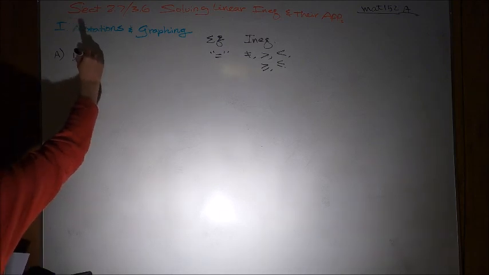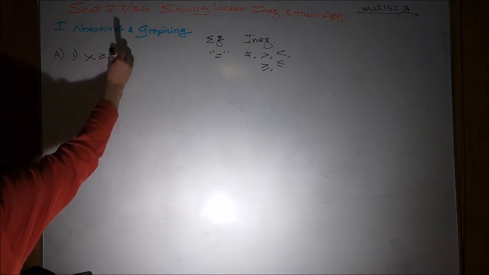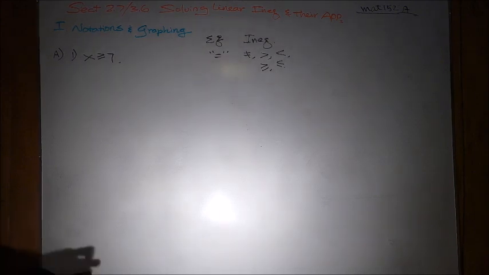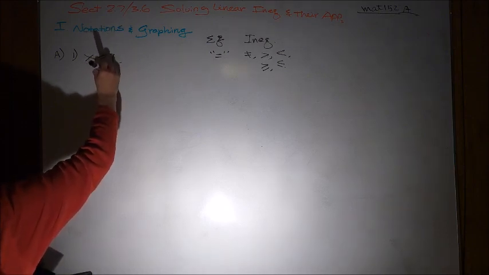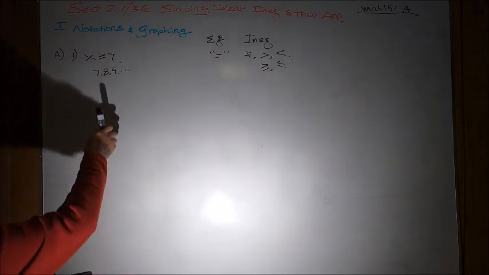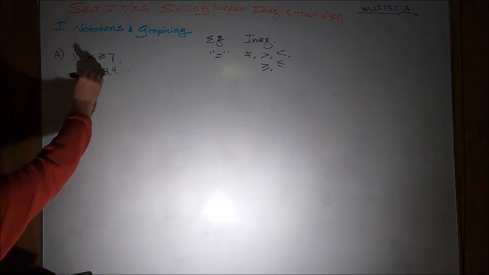So the first one on your page 17, if x is bigger than or equal to 7, what do you think your answer would be? Many, right? Start from 7, 8, 9, all that. Maybe 7.1, 7.2. So there are many answers, actually infinite answers. So we cannot show it by the numbers, right?